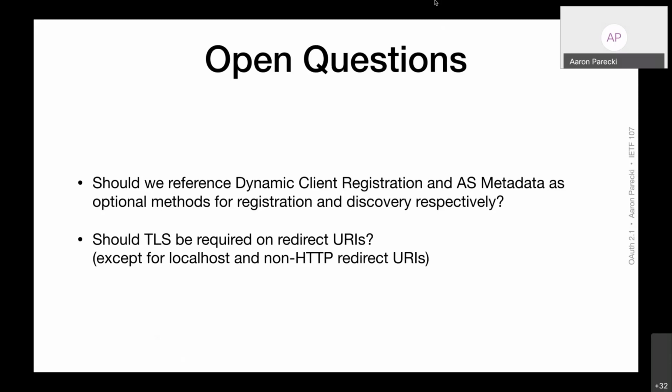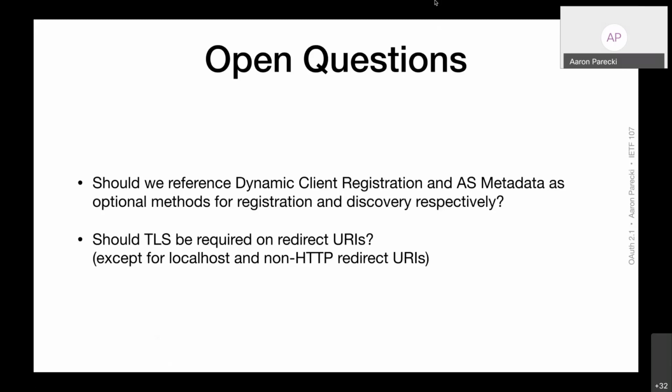So client registration, there is a client registration section in OAuth 2.0 in the core RFC. It mainly just says this is out of scope of the draft. So we could at least reference that there are some RFCs that talk about different ways to do these as optional. There's another interesting one, which is whether redirect URI should require TLS, of course, except for localhost or non-HTTP ones.